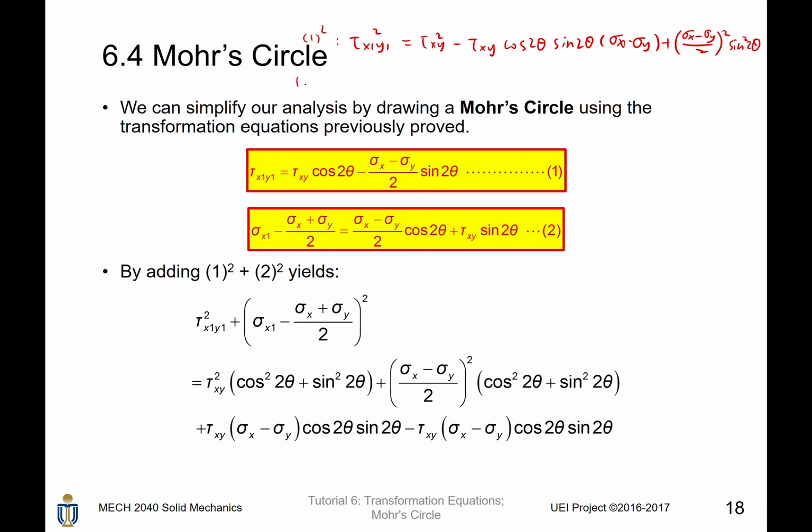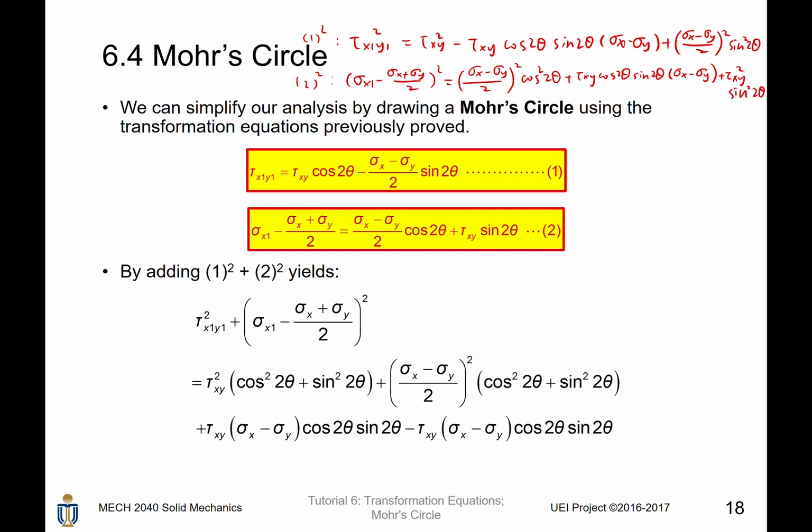For equation 2 squared, it will become (σx1 − (σx + σy)/2) squared equals ((σx − σy)/2) squared cosine squared 2θ plus τxy cosine 2θ sine 2θ (σx − σy) plus τxy squared sine squared 2θ.